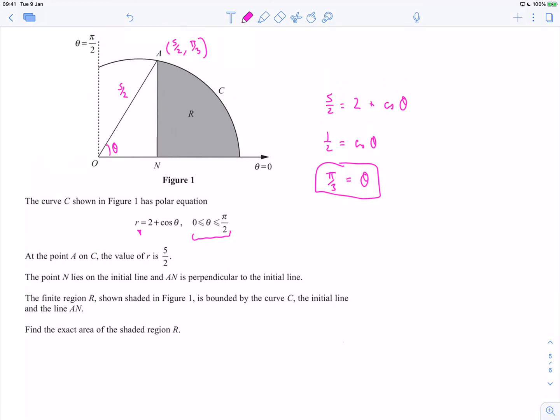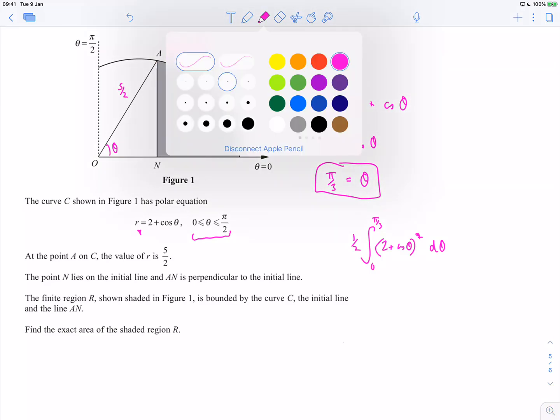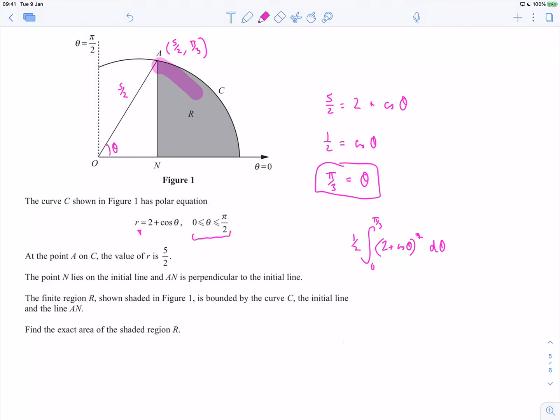Well, clearly, if I integrate between pi over 3 and 0 of a half of 2 plus cosine theta all squared d theta, then what I will get is, I hope you can see, this massive region here. So clearly, once I've found that region, I'm going to need to take away that white triangle, and then I'm done. Okay, so technically, I then need to minus the white triangle.